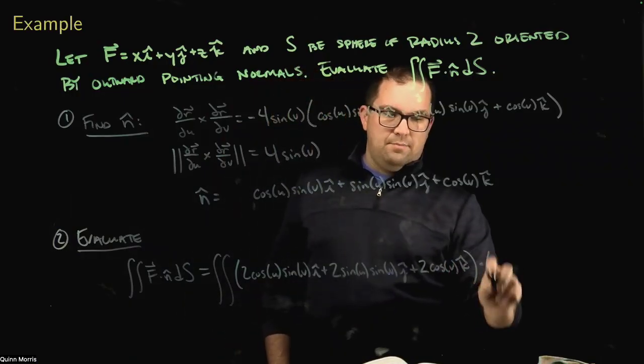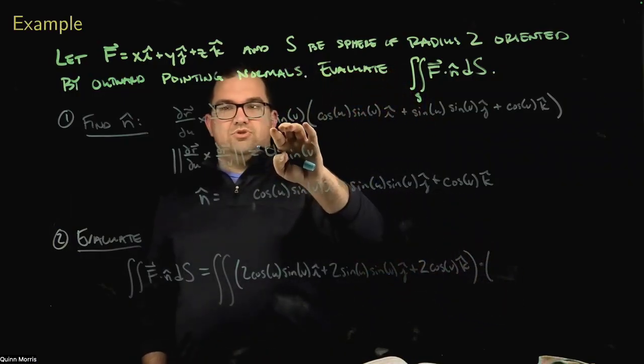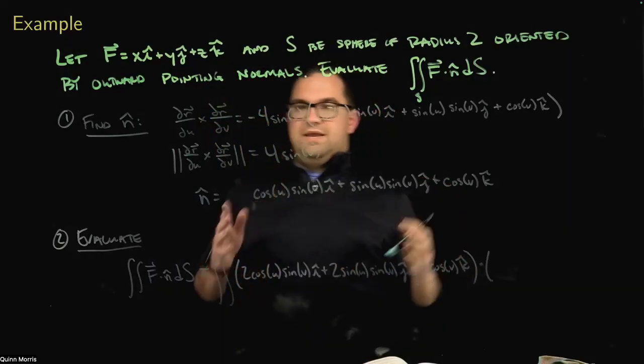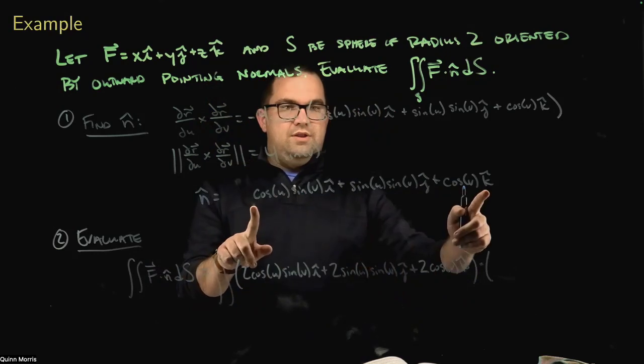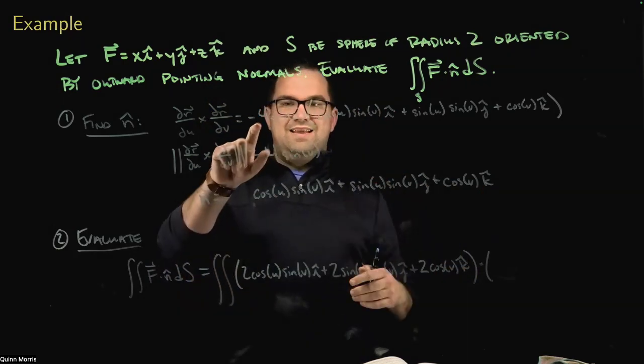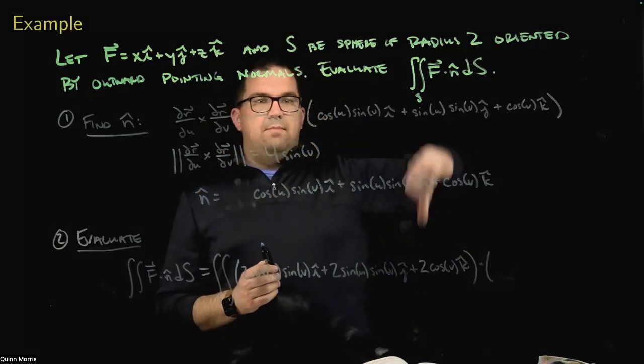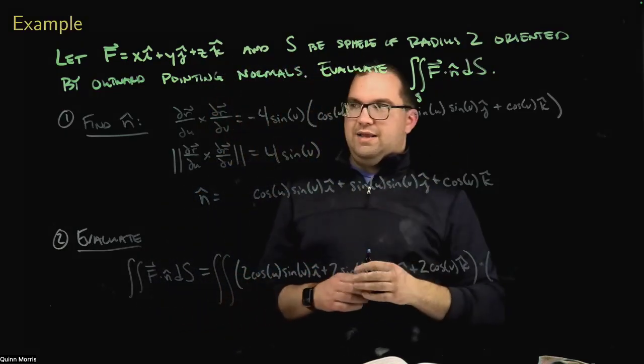And I'm going to take a dot product of this now just with this fundamental vector product. But this is where I have to be careful. Remember that when I was finding the unit normal, I had to negate. I need to negate here also, because this is normal to the surface but pointing in, and I need that to be pointing out.